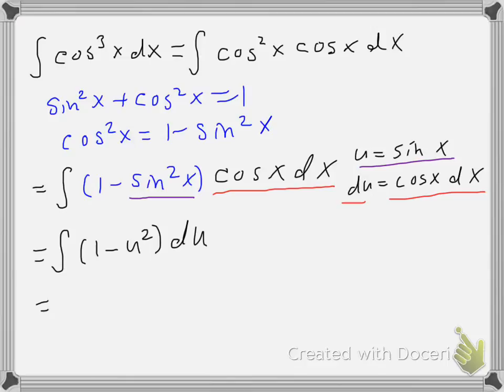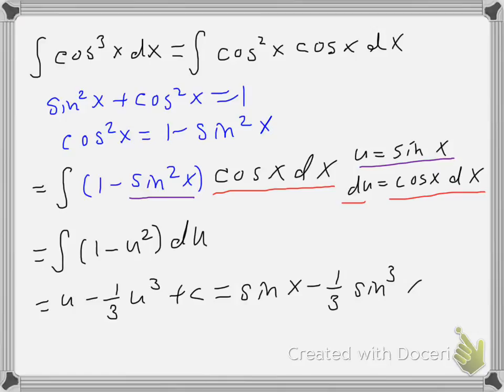Now, of course, this is very easy to integrate. This just becomes u minus a third u cubed plus an arbitrary constant of c. If I substitute my u back in, I'm going to get sine of x minus a third sine cubed of x plus my arbitrary constant of c.